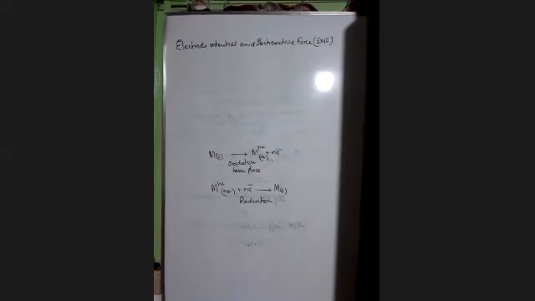But when you go for the metal ion, the electrons are fewer. So obviously, in that case, the charge also will be different. So what is electrode potential? It is the potential difference between the metal and the metal ions present in the solution.